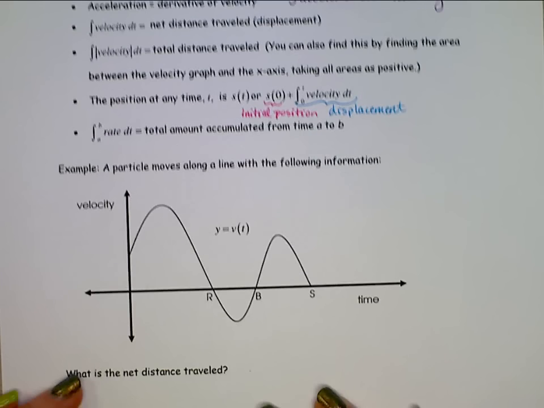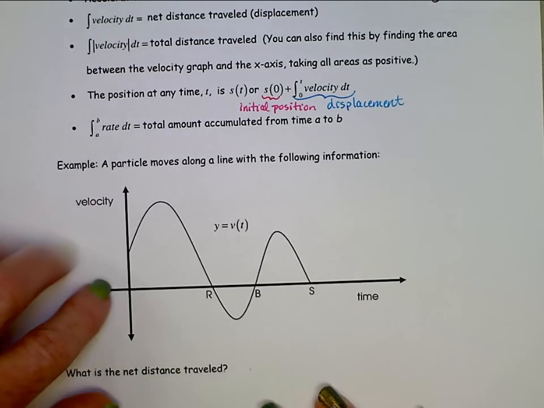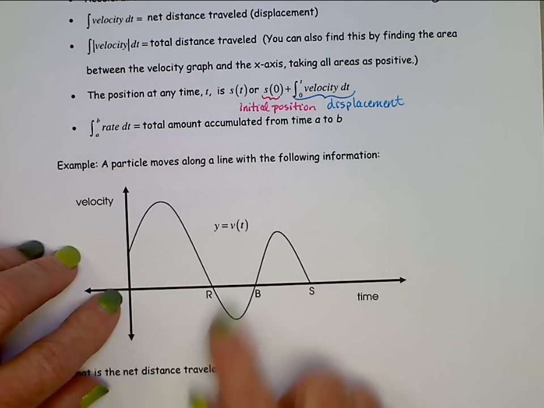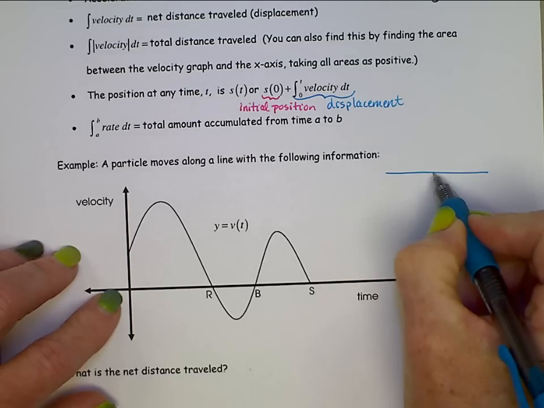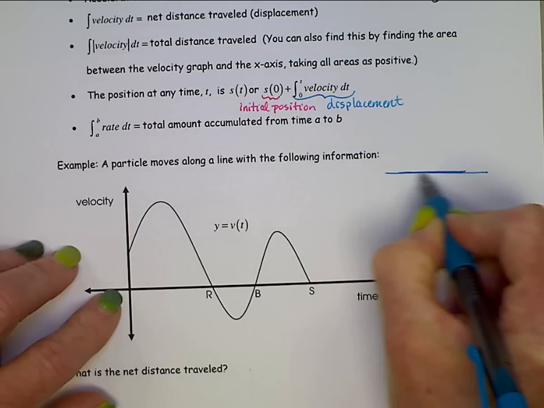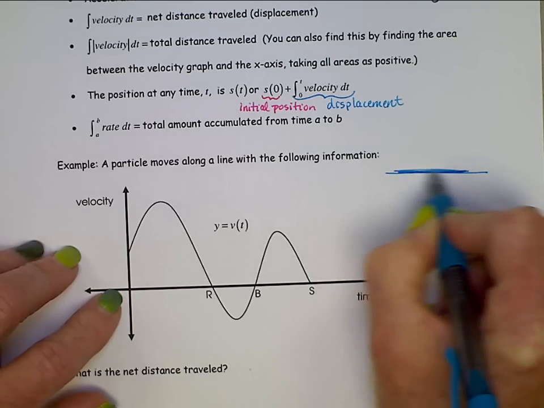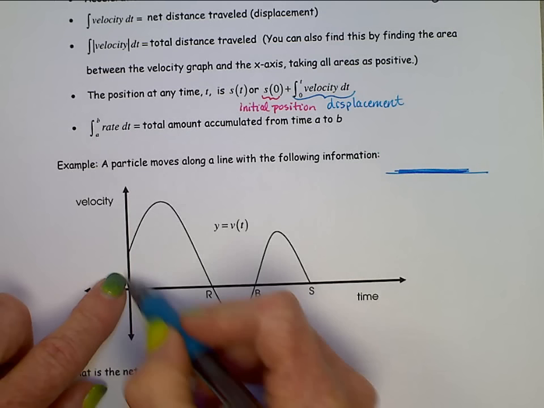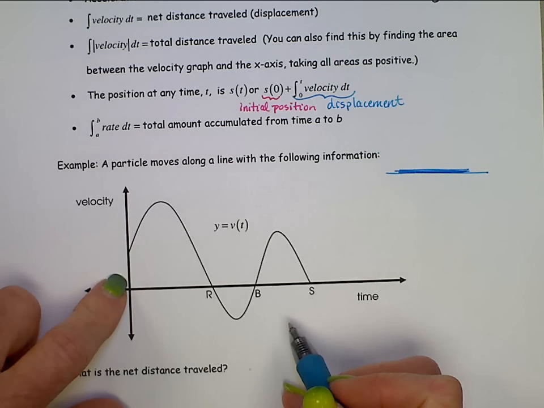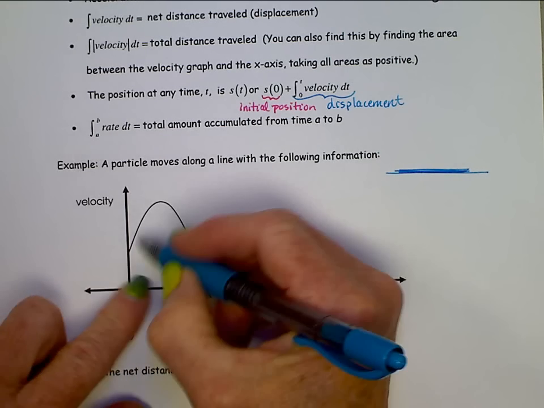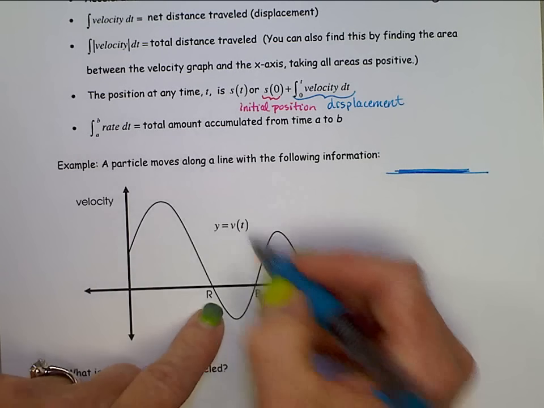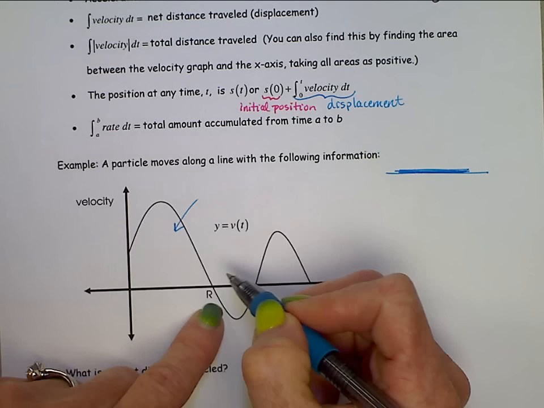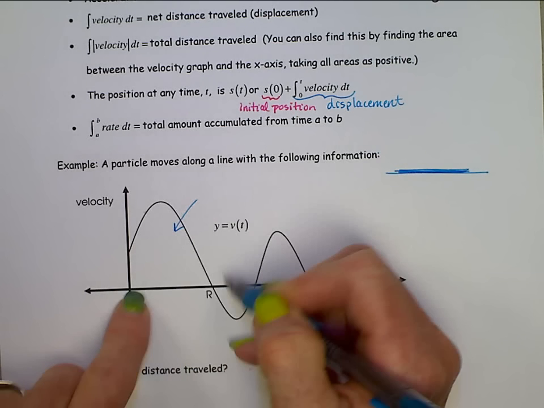All right, taking a look at this example, we're showing a graph of the velocity of a particle moving along a line. So this particle is moving along a horizontal line, back and forth, back and forth, back and forth. And we are graphing its velocity at any particular time. In this section right here, from time 0 up to some time r, the particle is moving to the right because the velocity is positive.